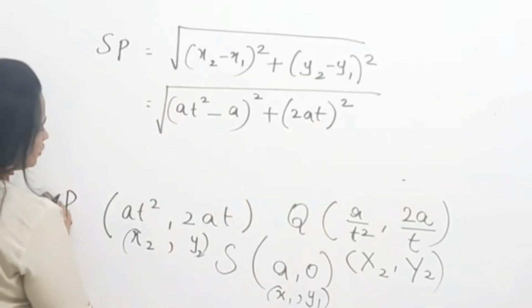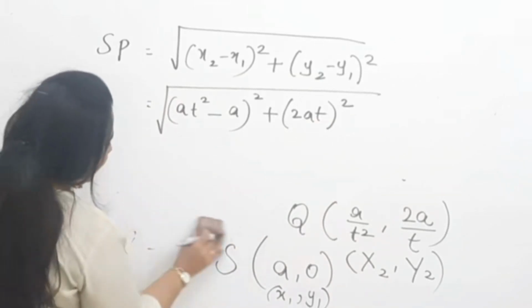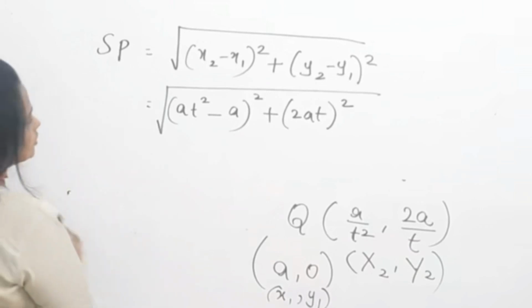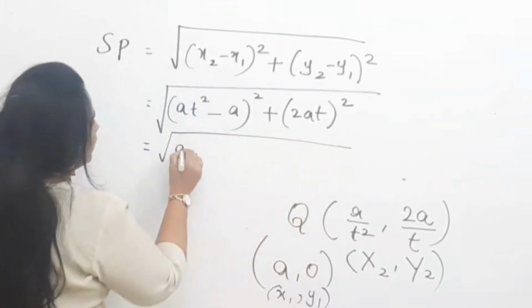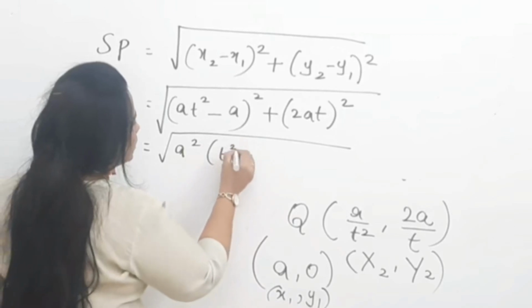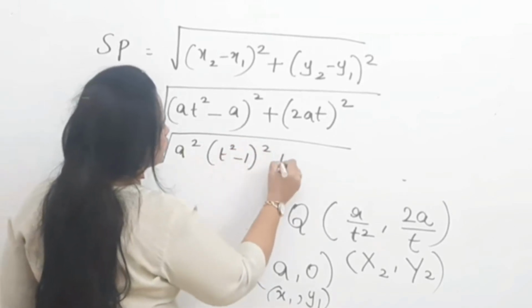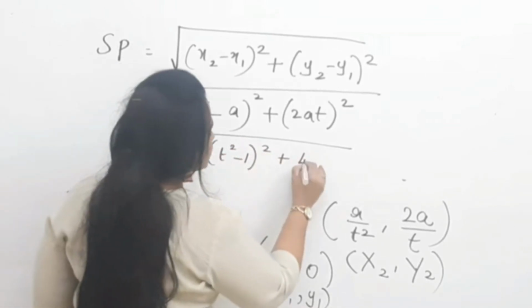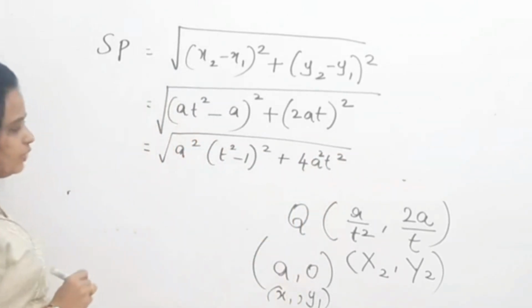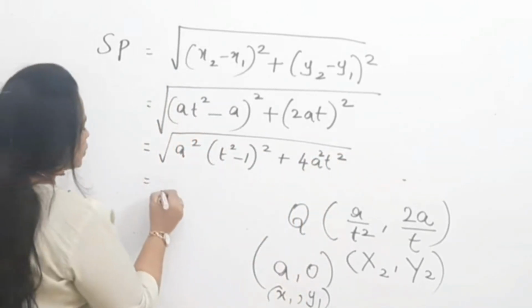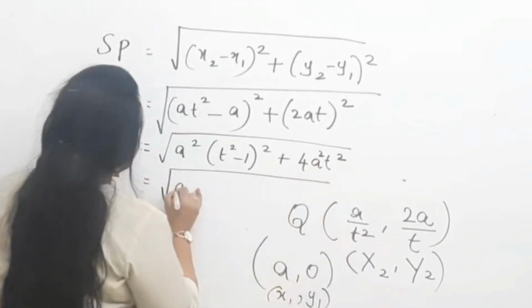Now I would get my equation as, you can see here a is common, please take it out: a square into t square minus 1 the whole square plus this becomes 4a square t square. Now again a square is common, please take it out.